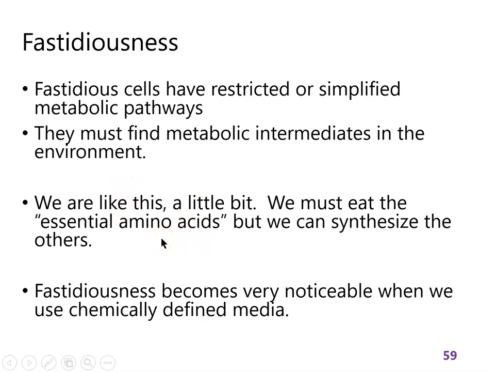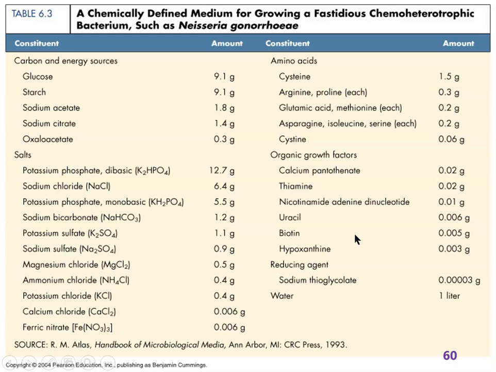And we notice fastidiousness when we try to grow bacteria or fungi in the laboratory, because we have to add more different individual pure chemicals when we're using chemically defined media. So here is an example of a chemically defined media for growing a fastidious chemoorganoheterotrophic bacterium, Neisseria gonorrhoeae, which causes the disease gonorrhea.